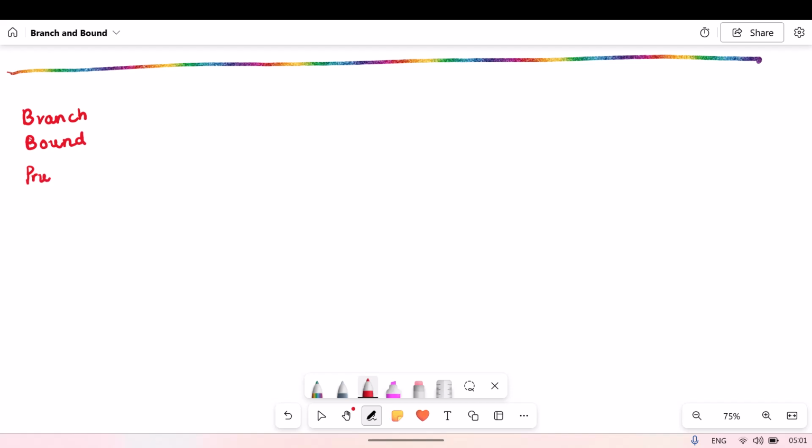These three things are there: branch, bound, and prune. Branch means explore. For a tree, there will be different branches, right? That means different possibilities. Remember, branch means different options or different possibilities.